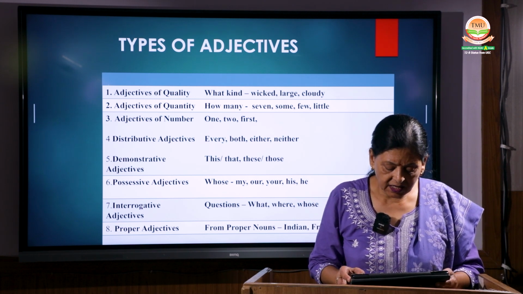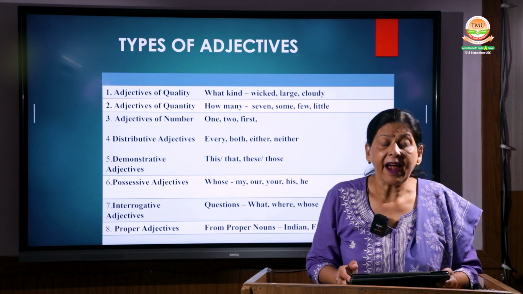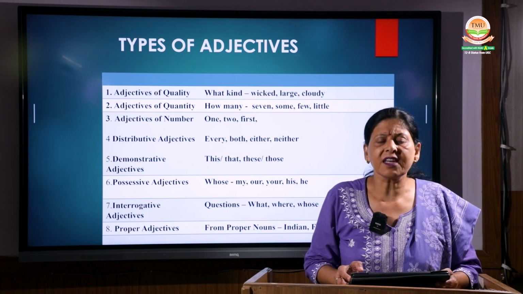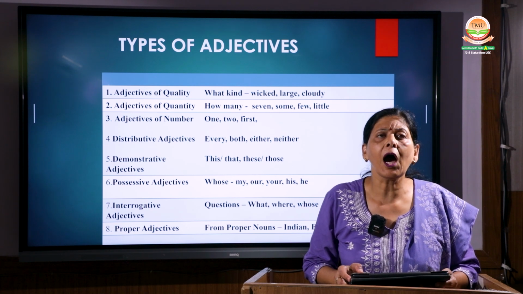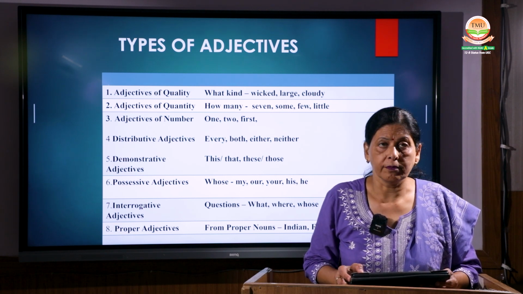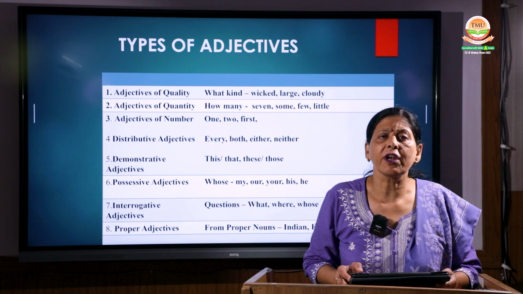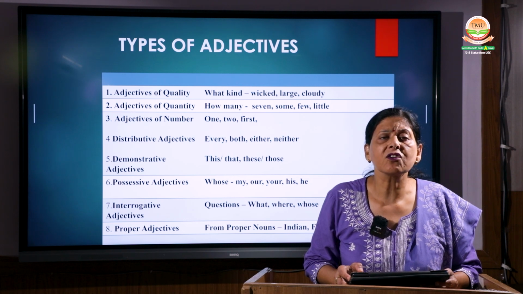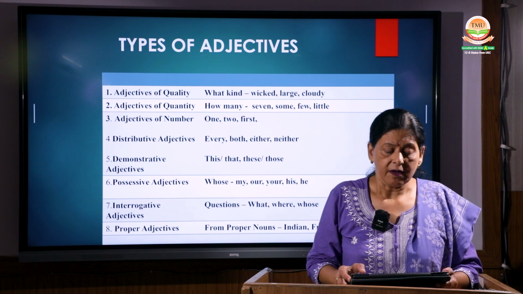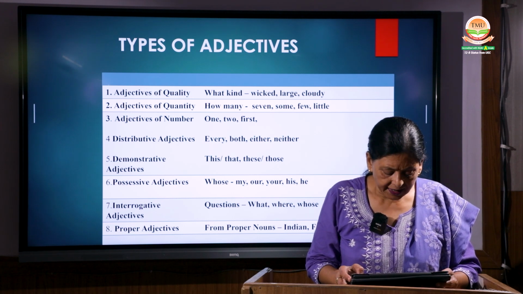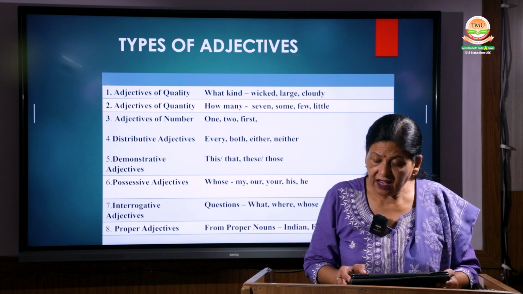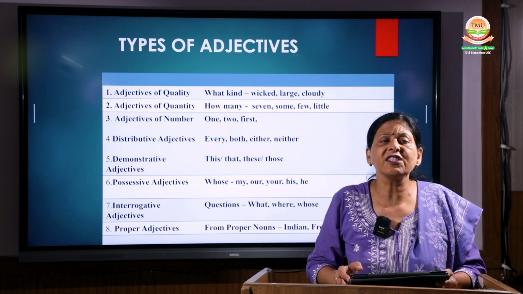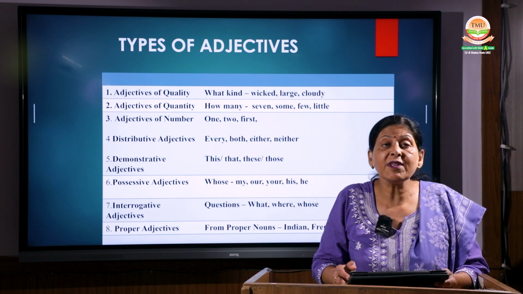The next category is interrogative adjectives. Interrogative adjectives are the adjectives that question: what, when, how, where, whom. So, what is your name? That is an interrogative adjective, as we are asking what the name of the person is. The next category is proper adjectives. These adjectives are generated from proper nouns, that means Indian.